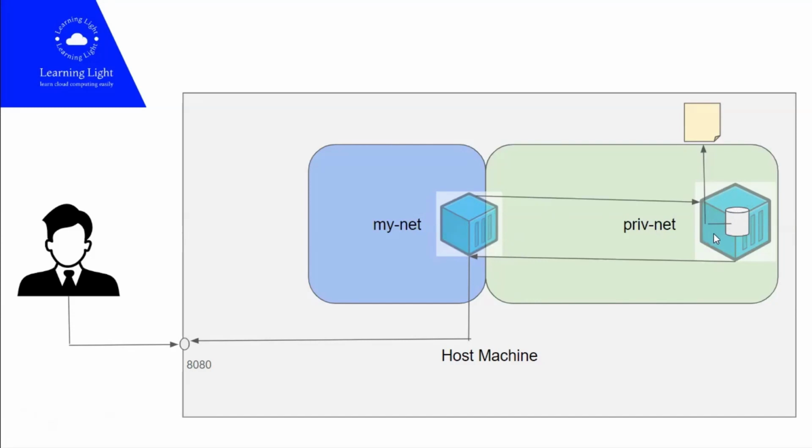So the database can be accessed through this web application, but no one can reach the database directly, so that we can secure our database in a private network. So let's jump to the console and we will see how we can implement this solution in our production system.